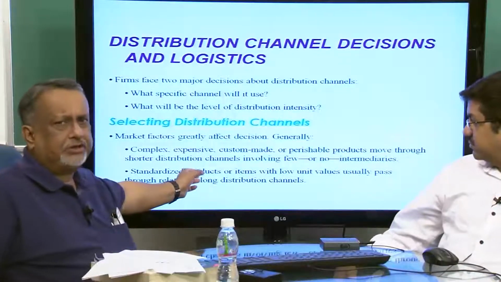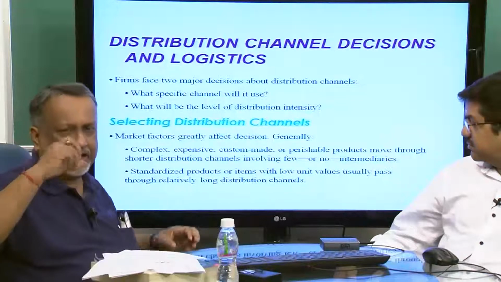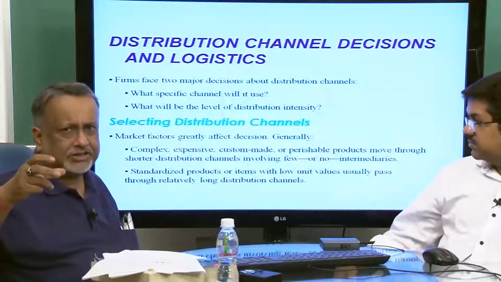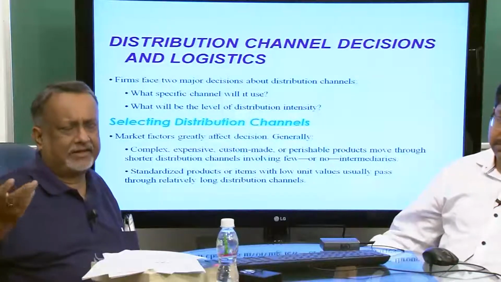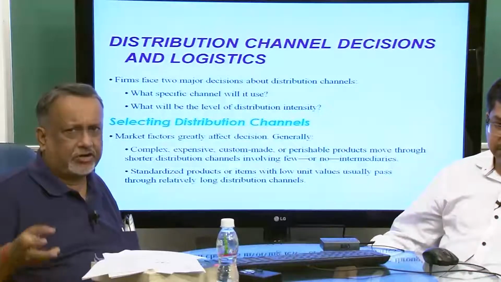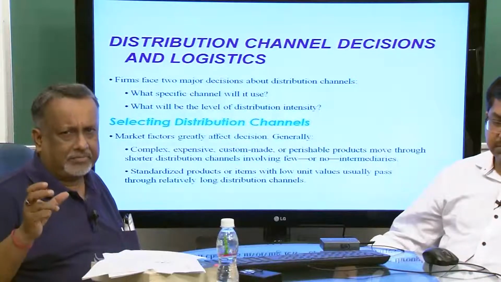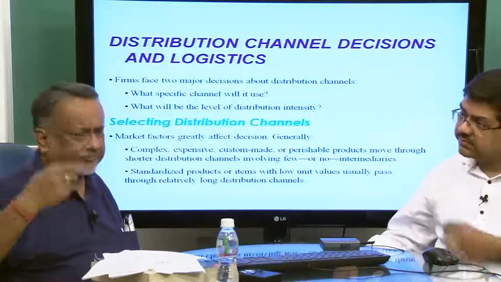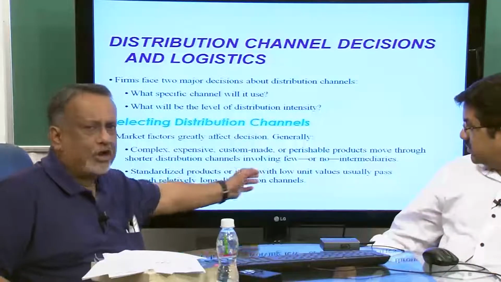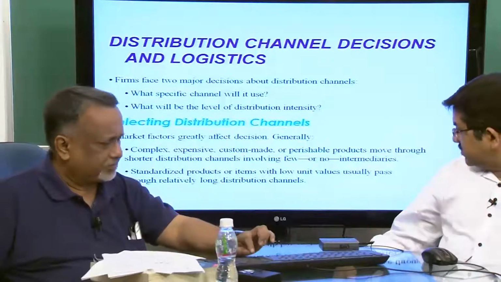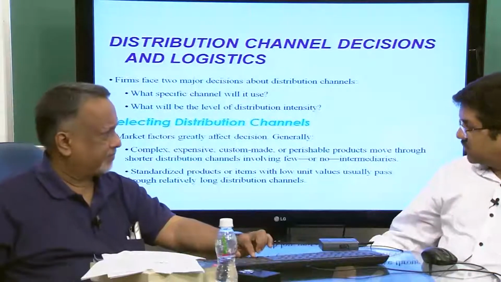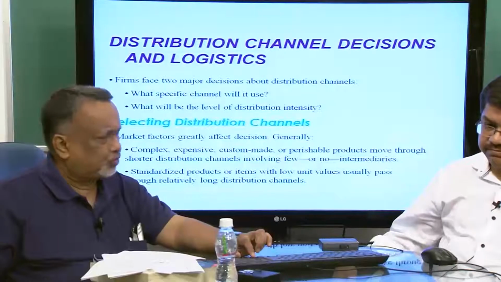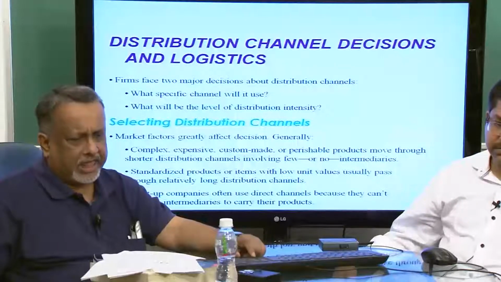Whereas for small value, small package, small ticket items like wafer packages, a package of a beverage or a packet of noodles, you may have to have a long distribution channel, because you have to reach out to the interiors, and that may need you to go through multiple stages.